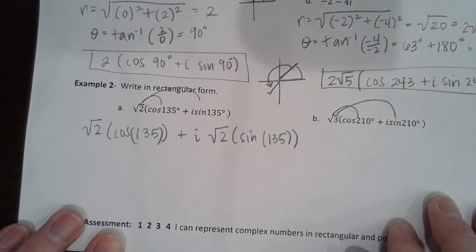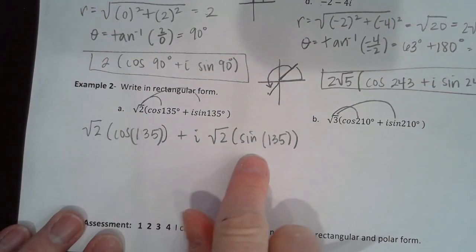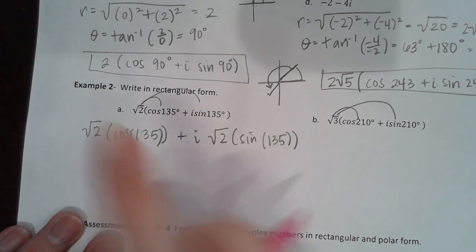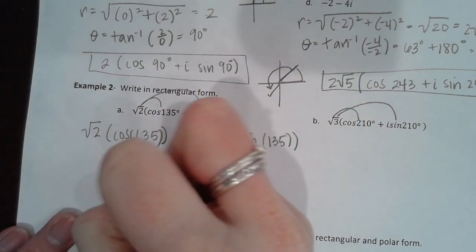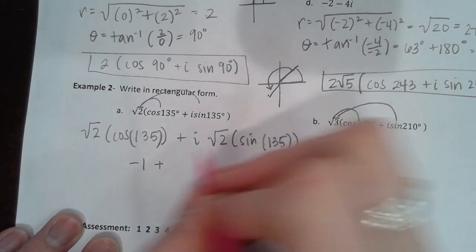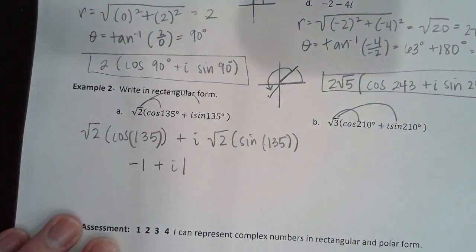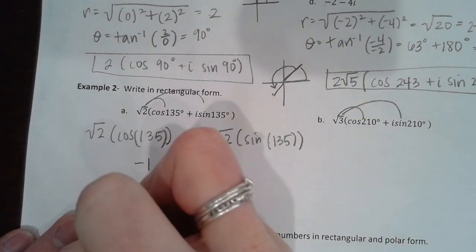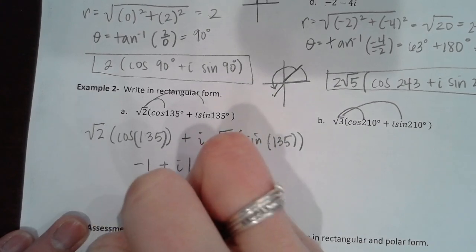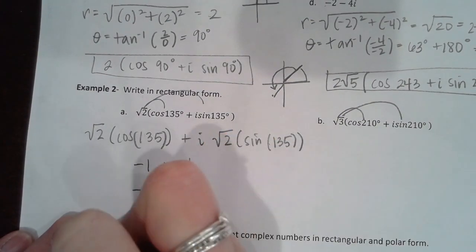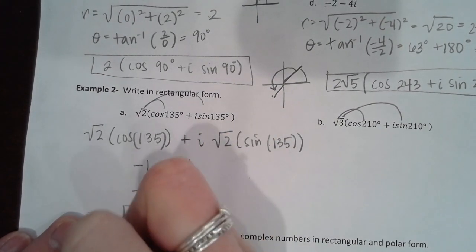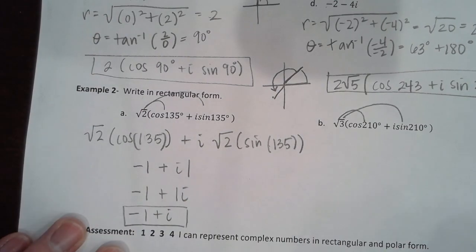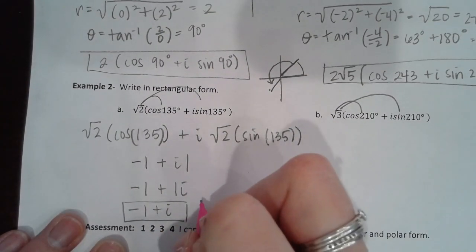Okay, so if we plug these guys into our calculator, for this one we end up with -1, and for this one we end up with +1. But this looks really weird, so we're just going to write it correctly, -1 plus I. So this is rectangular form.